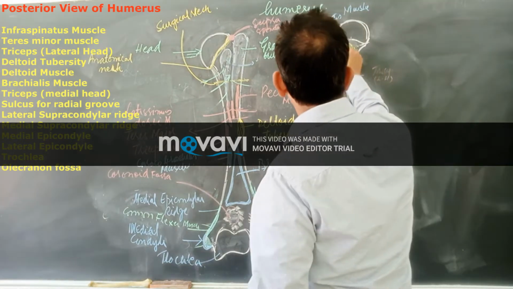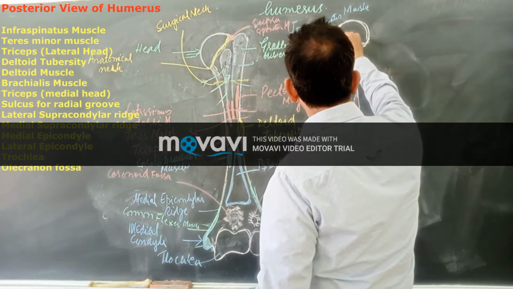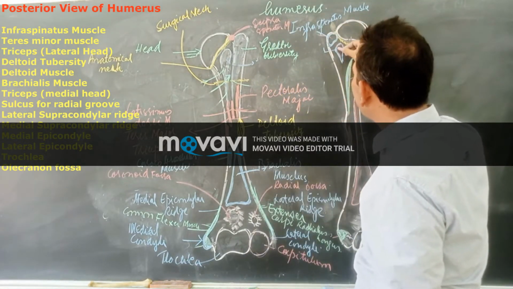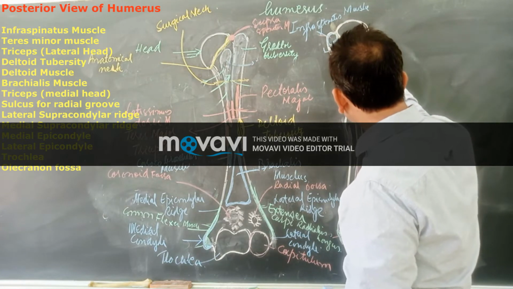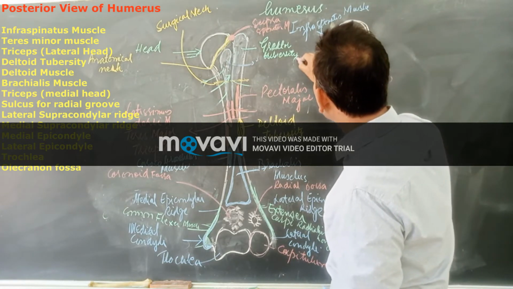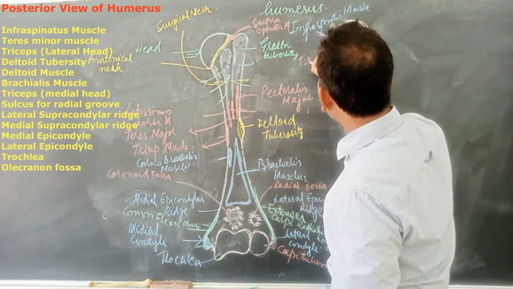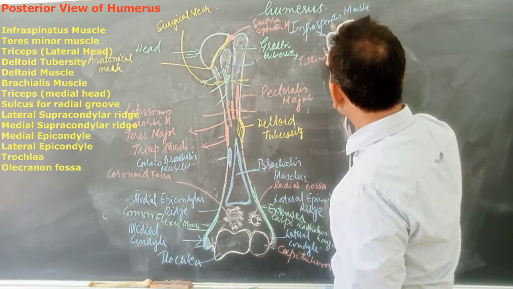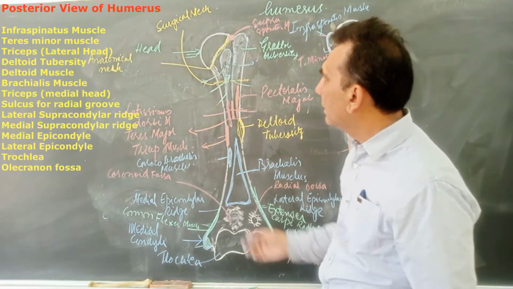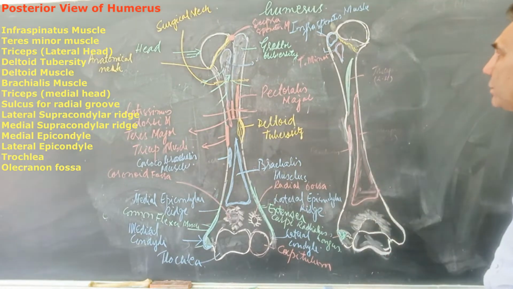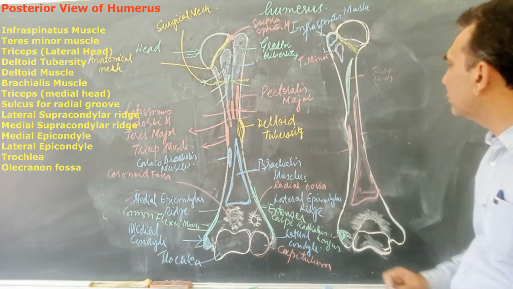Now just below the infraspinatus surface area is another surface area on the lesser tuberosity. This is for the teres minor muscle, which attaches over here.